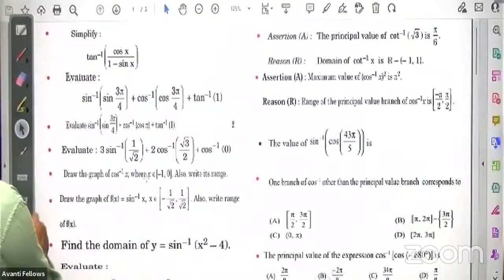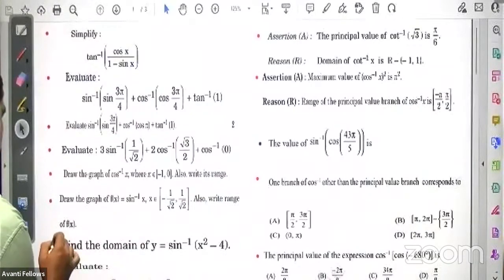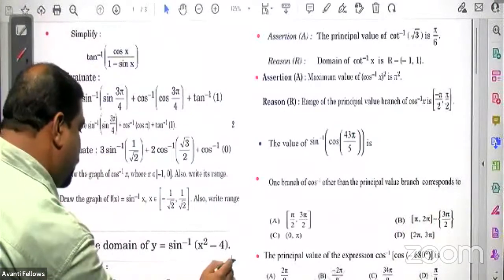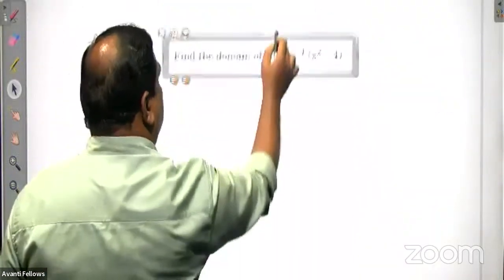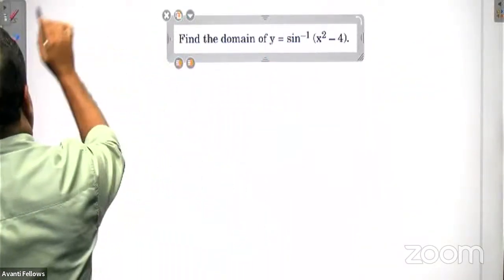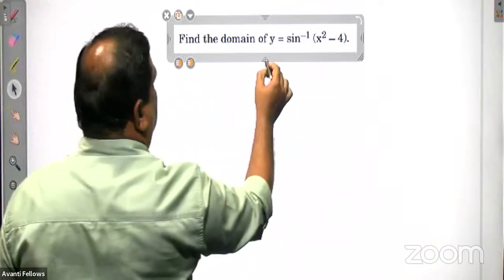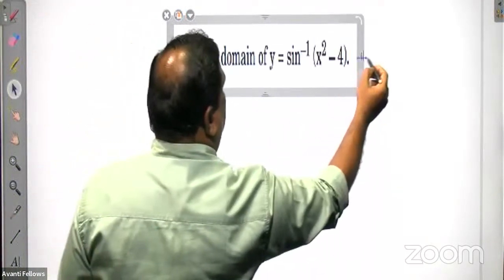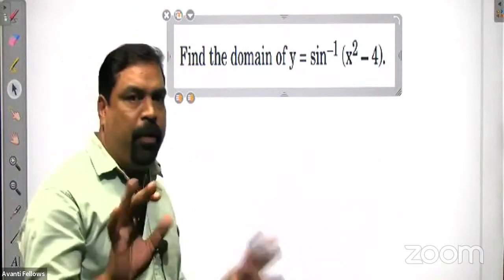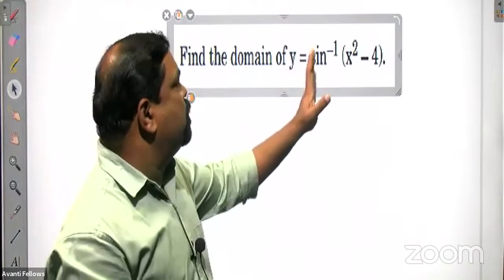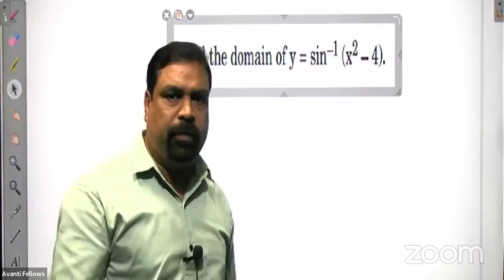Now let us take another question. Find the domain of sine inverse of x square minus 4.